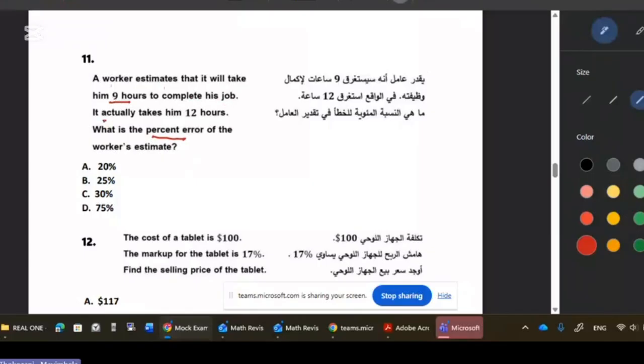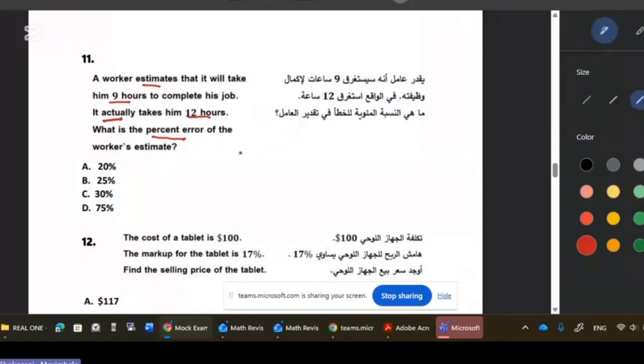But in actual fact, so we have estimates and actual, it actually takes 12 hours, right? He estimates 9 hours, but it actually took 12 hours. Now, what is the percent error of the worker's estimate?